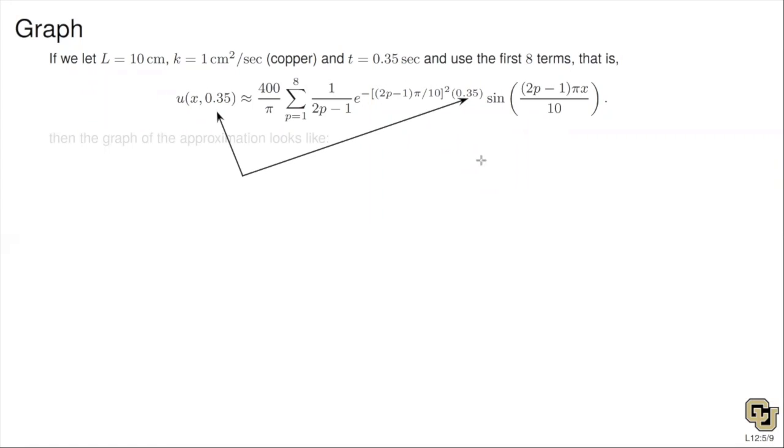Remember, the exponential component is the only place the t variable shows up. So here, this thing on the right-hand side is a function of x only. X is the only variable on both sides. And so now I'm going to graph it where x goes from 0 to L.